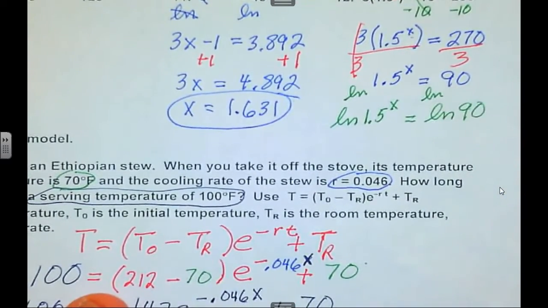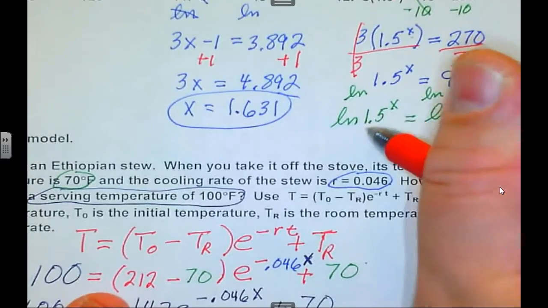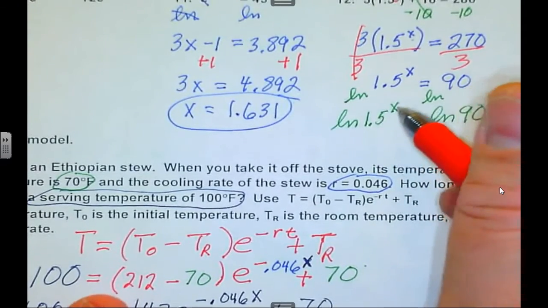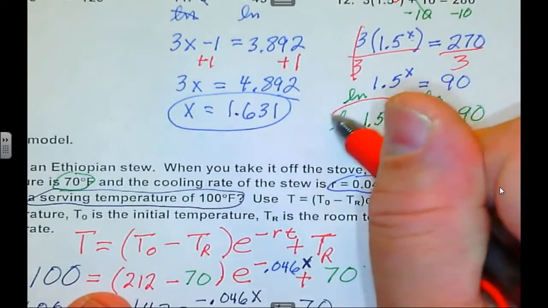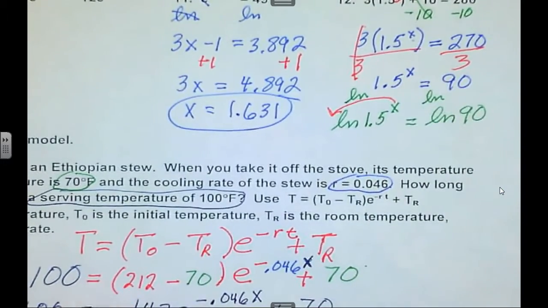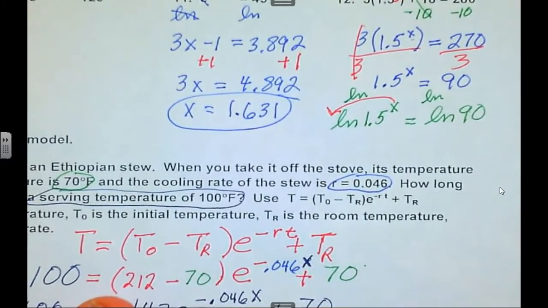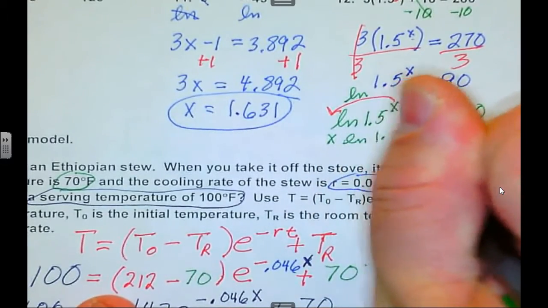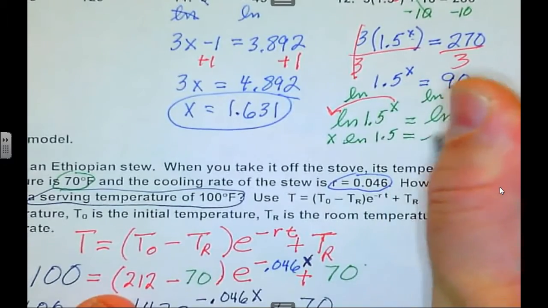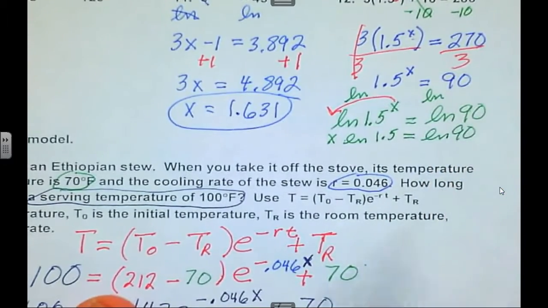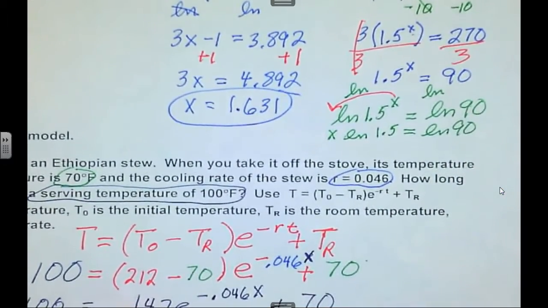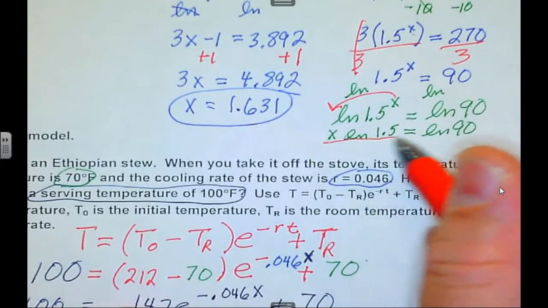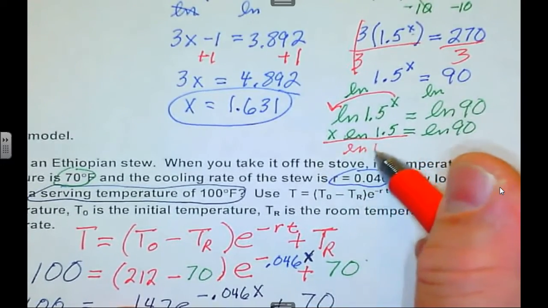All right, now I'm going to use that power property, where I can take my power and move it to the front of my log. So I get x ln of 1.5 equals the ln of 90. Then I'm going to divide both sides by the ln of 1.5.